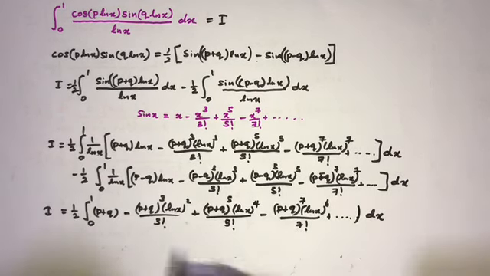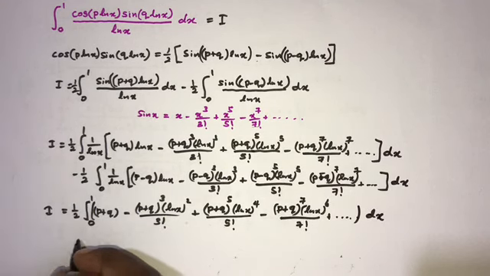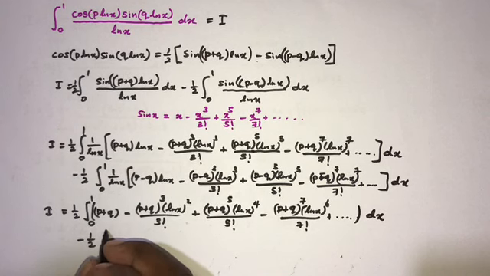Okay, I'm going to put the bracket, and then minus 1/2 integral from 0 to 1.